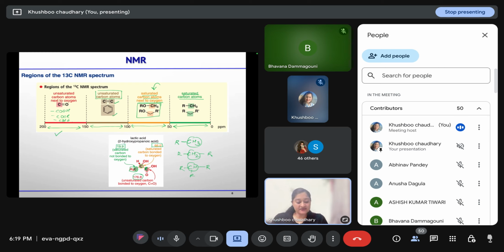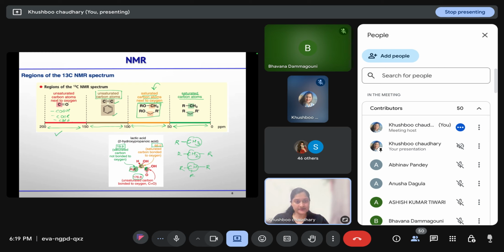So it lies in the first region, 0 to 50. So broadly, we can classify our carbon 13 spectra into four regions. First, saturated carbon atoms. Second is for saturated carbon atoms that are attached to some heteroatom. Third is your unsaturated carbon atoms, whether alkenic, alkyne, or aryls. And fourth is your unsaturated carbon atoms next to oxygen or heteroatoms.